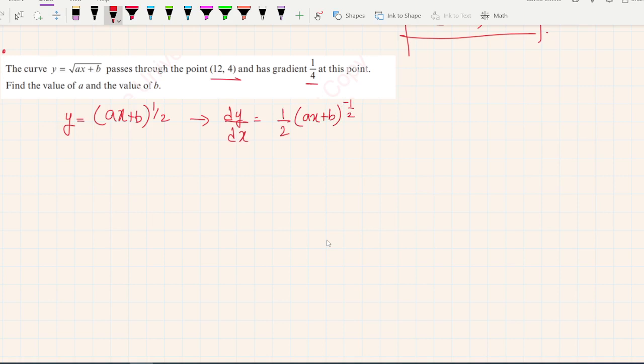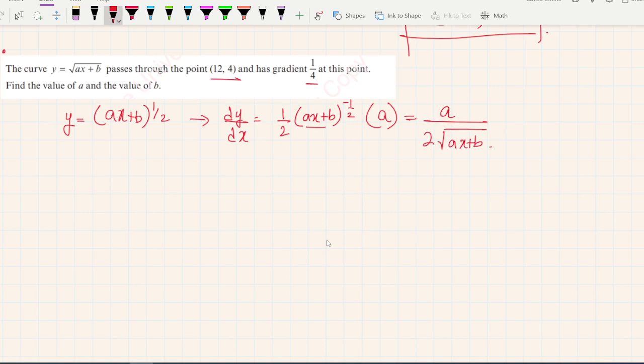Then we differentiate whatever is inside the bracket. If we differentiate ax plus b, we get only a, right? I hope you get this. Now, if we simplify this a bit, this becomes a over 2 root of ax plus b. So this is dy by dx.